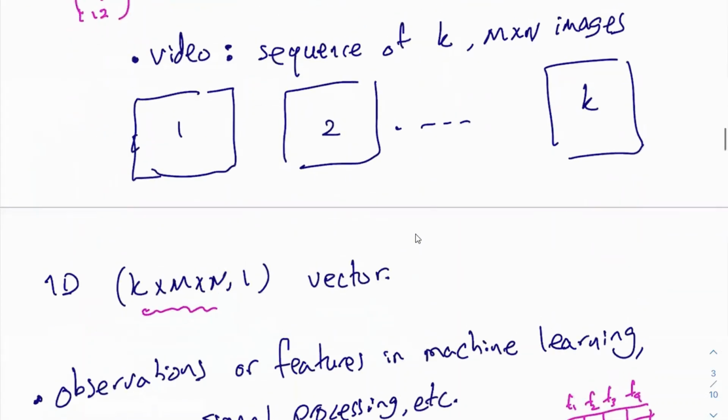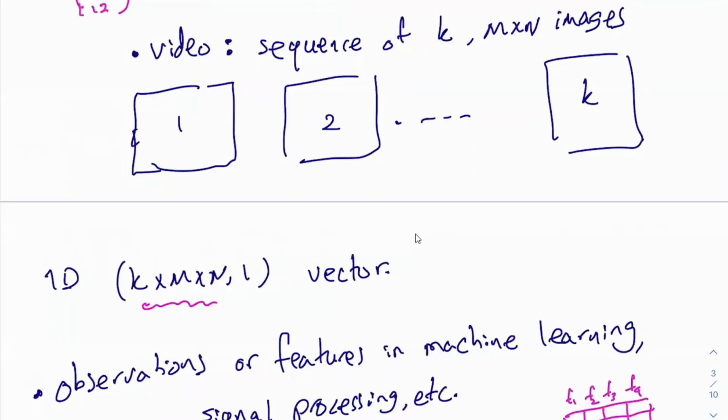Okay, now video. Video is a sequence of k images, right? We know how to convert the image to a vector, so therefore we know how to convert the video to a vector. This is very important in a lot of modeling or a lot of applications you model in the real world. You actually convert it to the vector first, and then you convert it back to the image or video at the output. So how would you convert a video, sorry, to a vector?